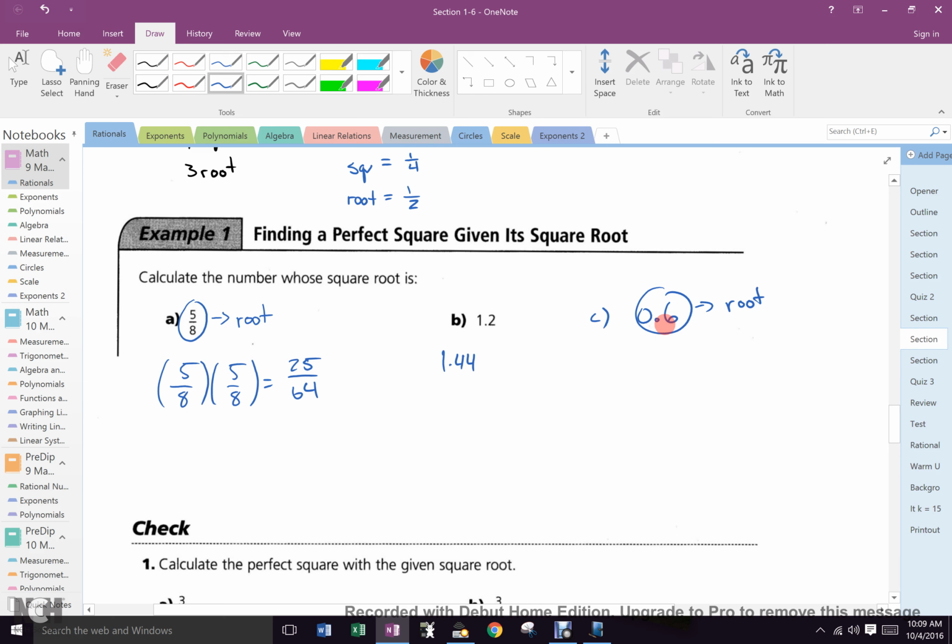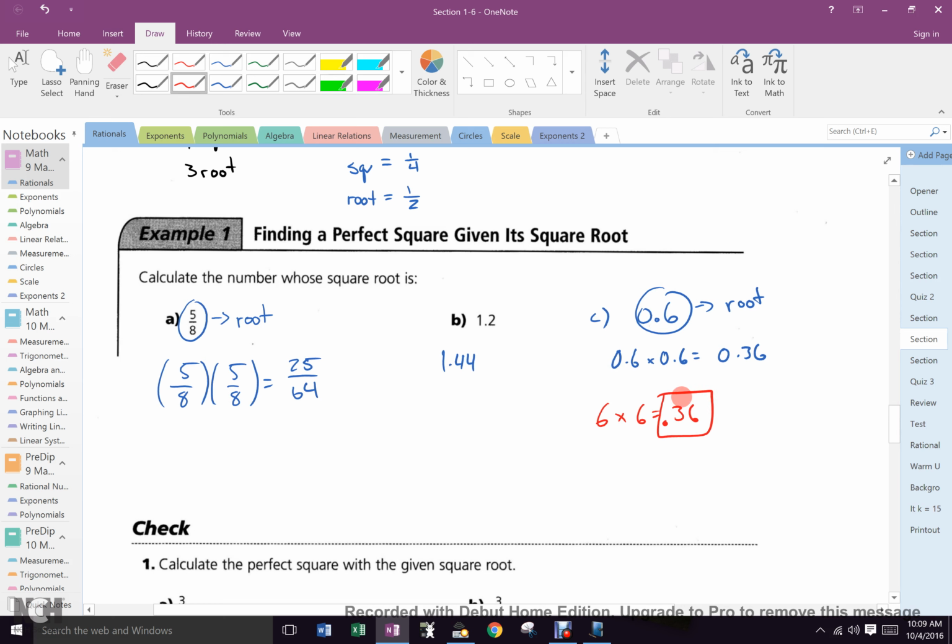You're probably going to go to your calculator to do 0.6 times 0.6 to get 0.36. But you don't need to go to your calculator, do you? Because you know that 6 times 6 is 36, and you add 2 decimal places, right? So you need 2 decimal places in the answer, so you can put the point right there.